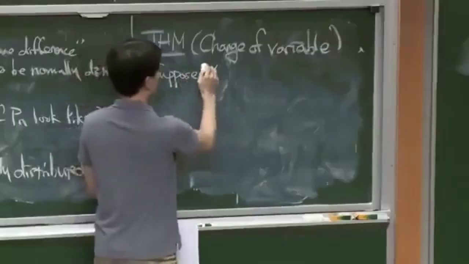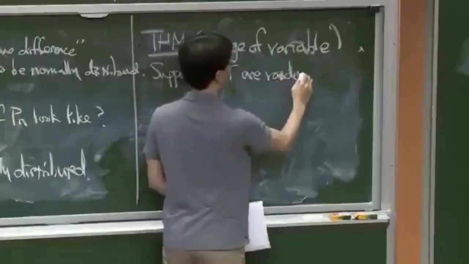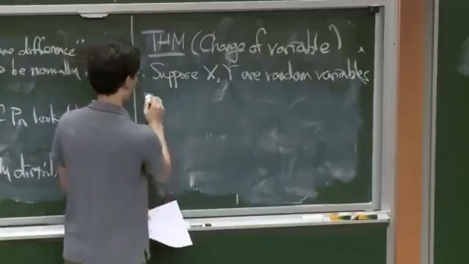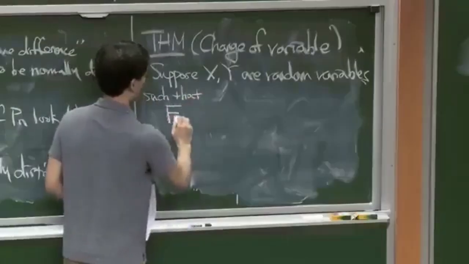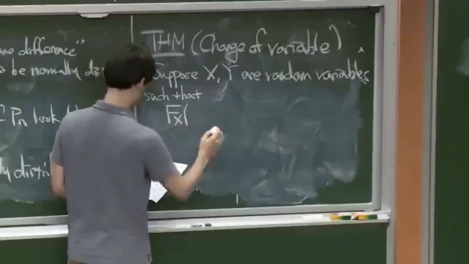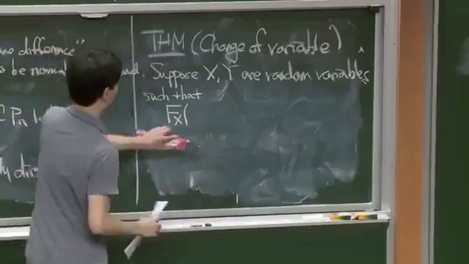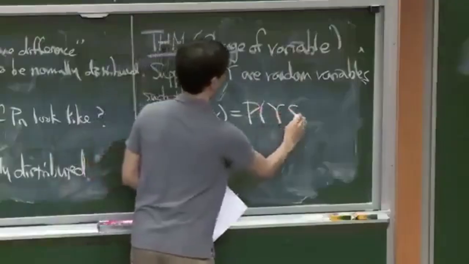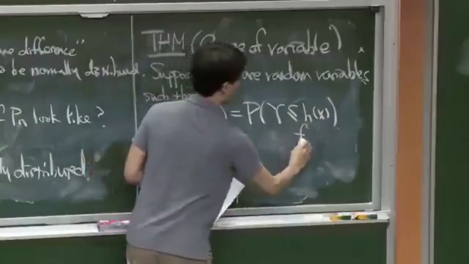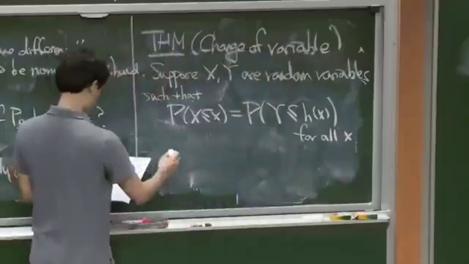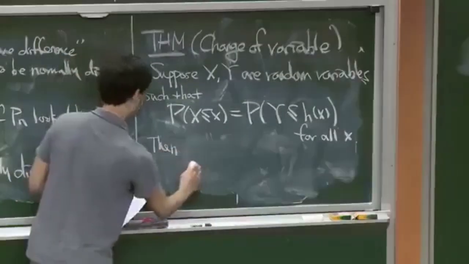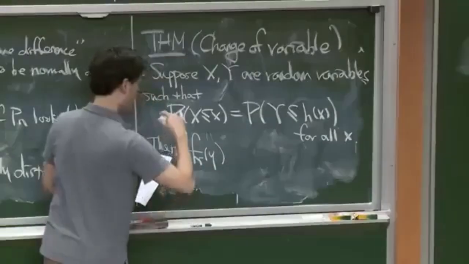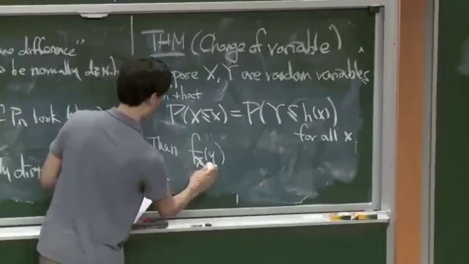Suppose X and Y are random variables such that, I should have defined this, the probability of X less than or equal to x, for all x.